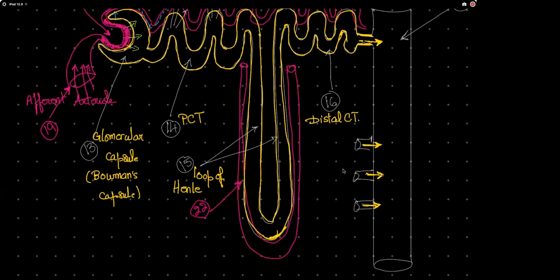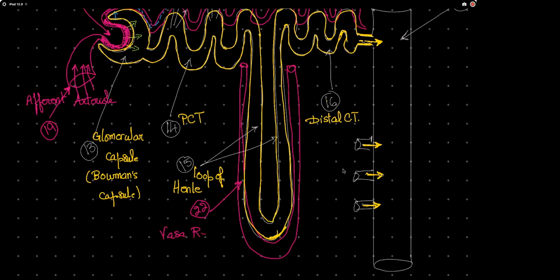Looking at another set of capillaries this time, they are forming a long vessel traveling straight down around the loop of Henle. So what would we call this capillary? That is a straight vessel traveling down. Straight vessel. Exactly. This is my vessel.